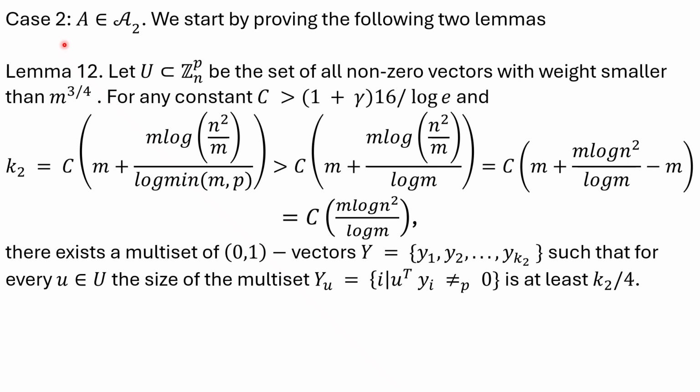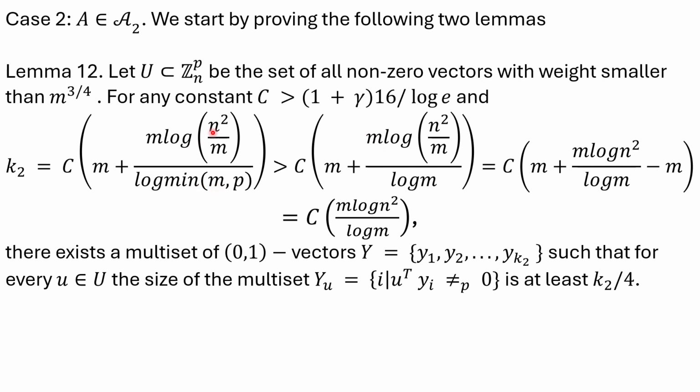Case 2. A belongs to A2. We start by proving the following two lemmas. Lemma number 12. Let U be the set of all non-zero vectors with weight smaller than m to the power of three quarters. For any constant c, which is greater than 1 plus phi multiplied by 16 divided by log e, and k2, which is defined right here, this inequality holds because we said log minimum mp is less than or equals to m.